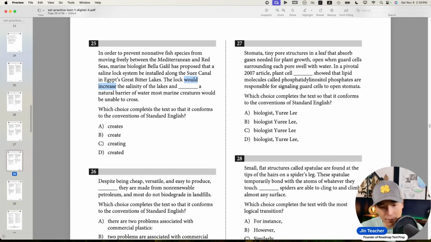So a compound verb is basically when you have two verbs that are connected by the word and, right? So in this case, you want to just make sure to use the same type of word for both verbs. So I could say the lock would increase this, and the lock would create this, right?